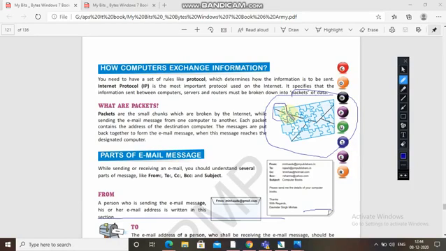Each packet contains the address of the destination computer, and the packets are put back together to form the email message. They are coming in chunks, but when they reach their destination, they get back together to form an email message. So these are packets.